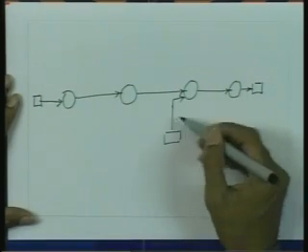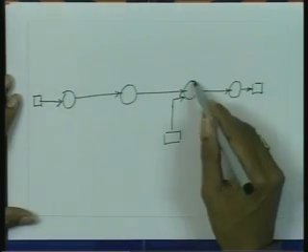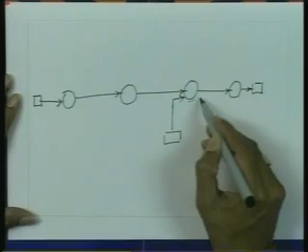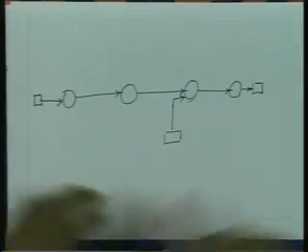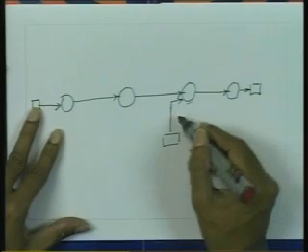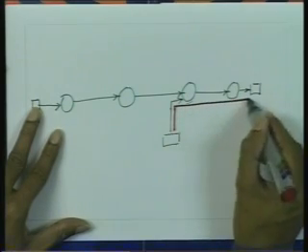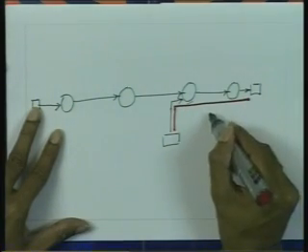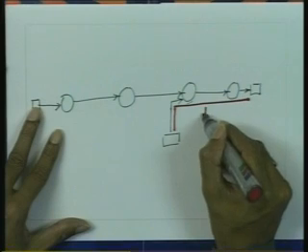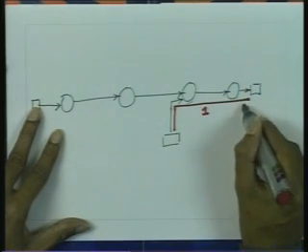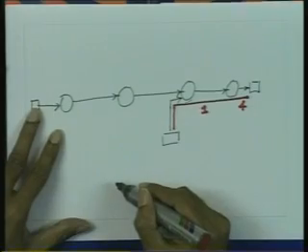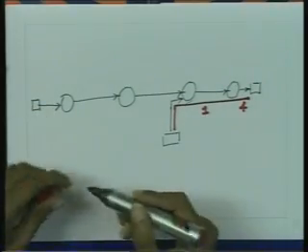Suppose this call comes first, and this node has allotted, for this particular virtual circuit, the virtual circuit number 1 here. If 1 was not available here, it might have been allotted virtual circuit number 4.